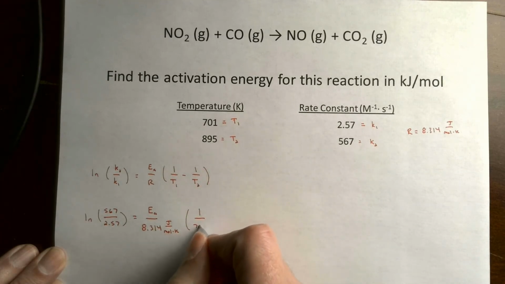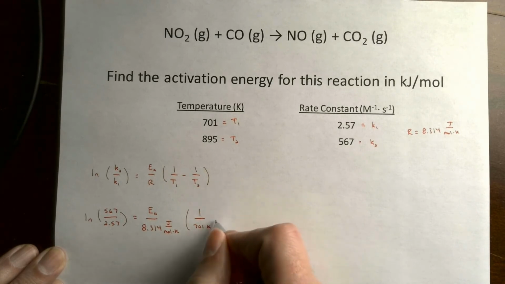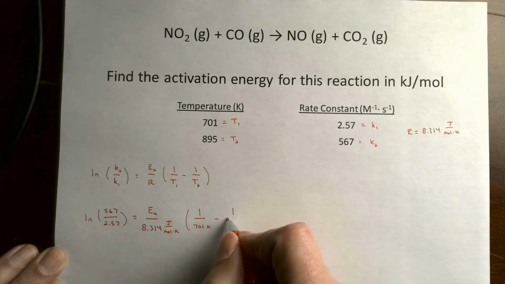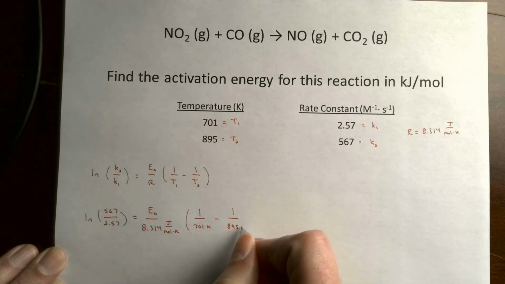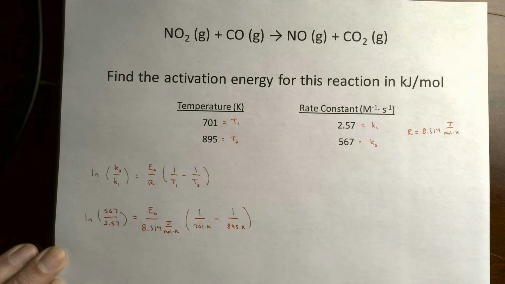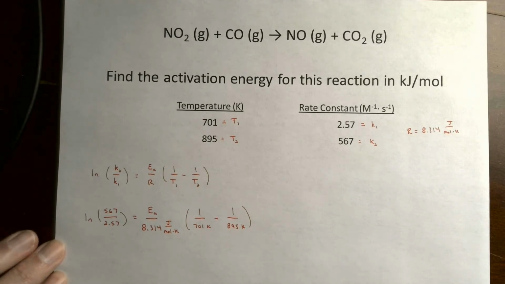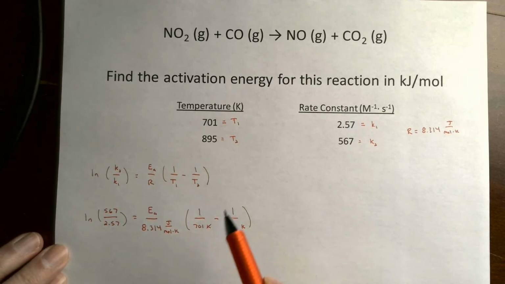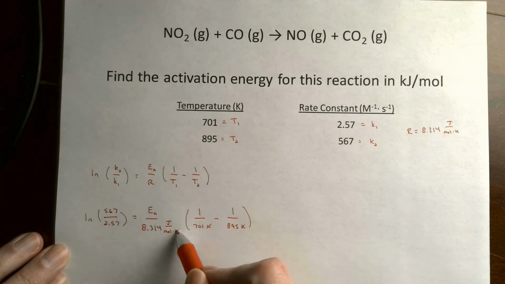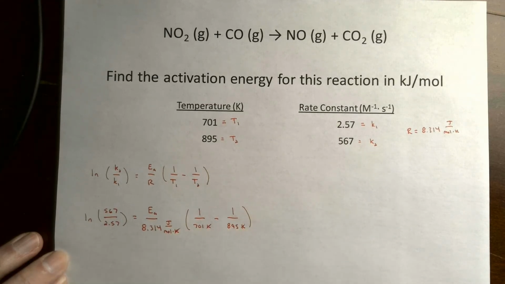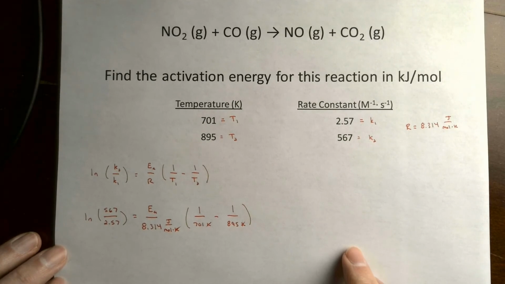T1 is 701 K, and T2 is 895 Kelvin. And it turns out that the Kelvin here and the Kelvin here will cross out, and they're going to leave us with the unit of joule per mole. We'll see that'll be useful for us here in a second.